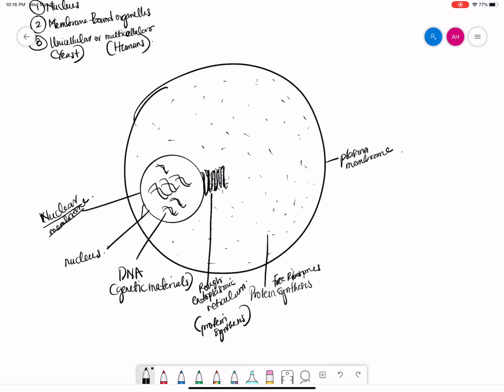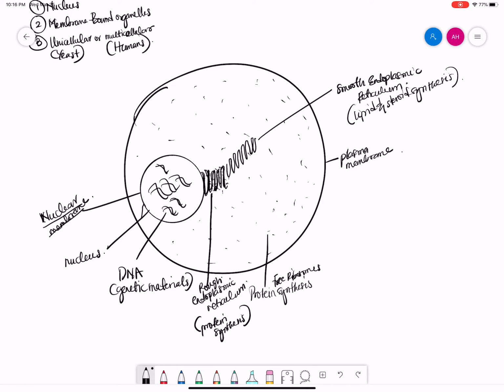So we also have a structure called the smooth endoplasmic reticulum. So we have another endoplasmic reticulum that's smooth, which means it has no ribosomes on it. The function of the smooth endoplasmic reticulum is lipid and steroid synthesis.